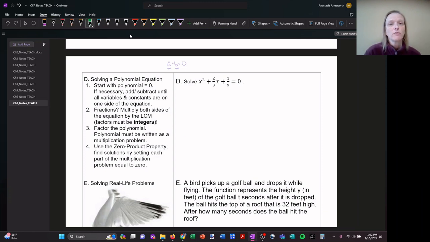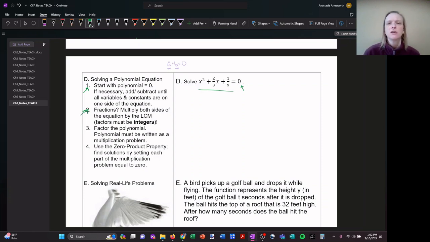So following the rules that we've learned before, we have to start with a polynomial equal to 0. Well, here's my polynomial. It is equal to 0, so we're all set with step 1. If it didn't equal 0, we would just add or subtract from both sides of the equation until all of the variables and constants are on one side and the other side is just 0.